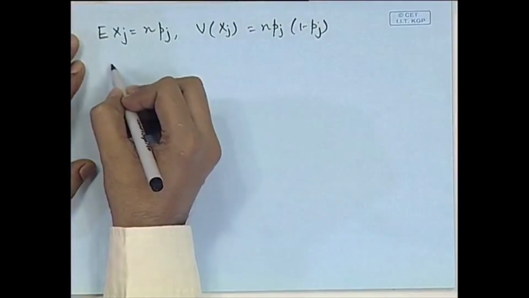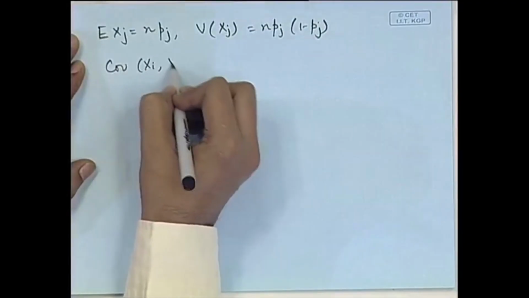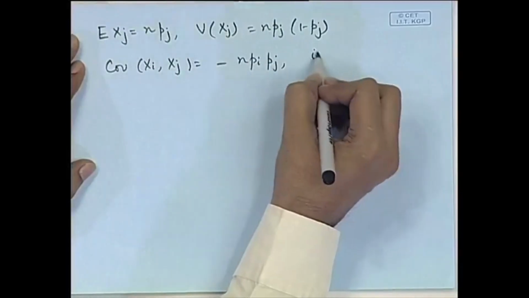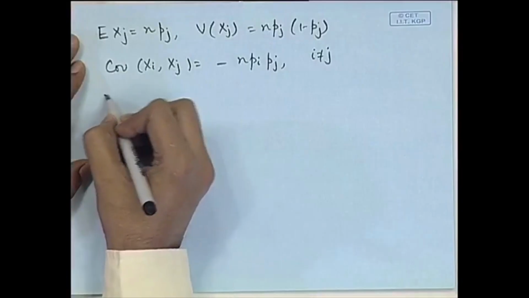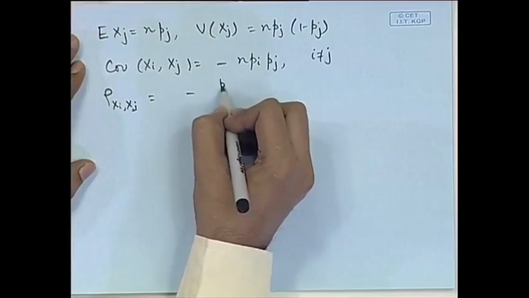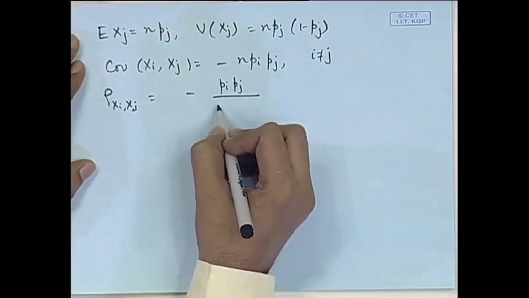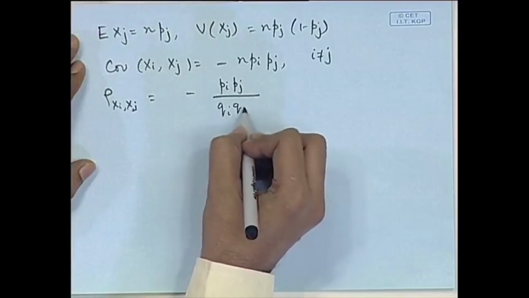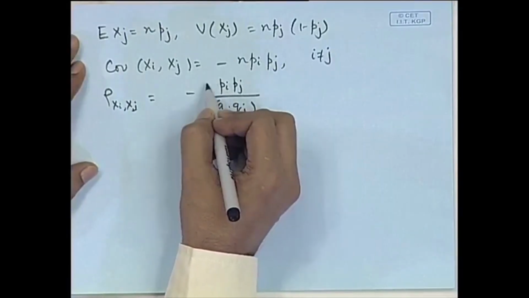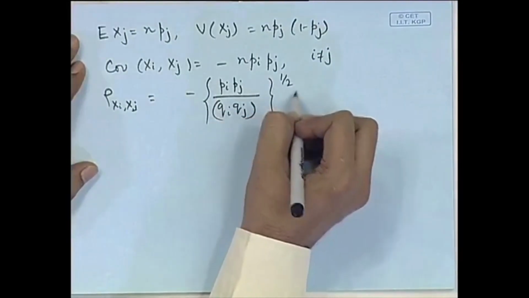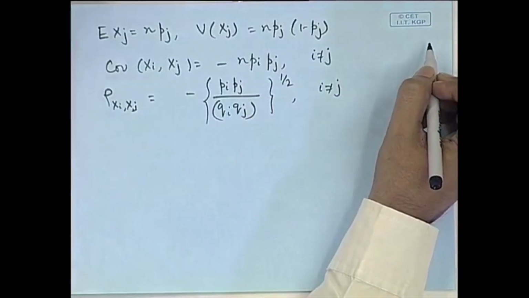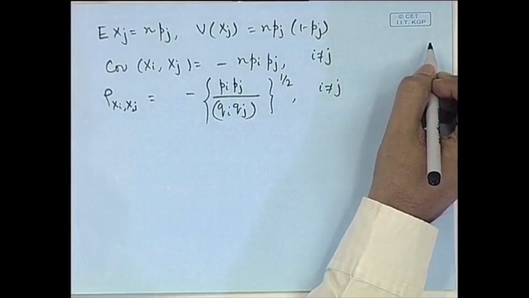We can also talk about the covariance between X_i and X_j, that will be minus n p_i p_j for i not equal to j, and therefore, the correlation coefficient between X_i and X_j can be calculated to be minus (p_i p_j divided by q_i q_j) to the power half, where q_i, q_j denote 1 minus p_i and 1 minus p_j, for i not equal to j. So, the correlation coefficient between two of these can also be calculated.